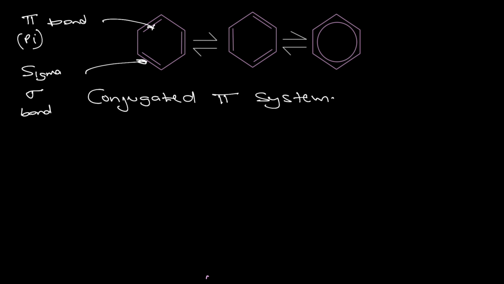So that's what we've got: pi bond, sigma bond, pi bond, sigma bond, pi bond, sigma bond. So when you have a system like that, which is a double bond, single bond, double bond, single bond, double bond, single bond, we call that a conjugated pi system.